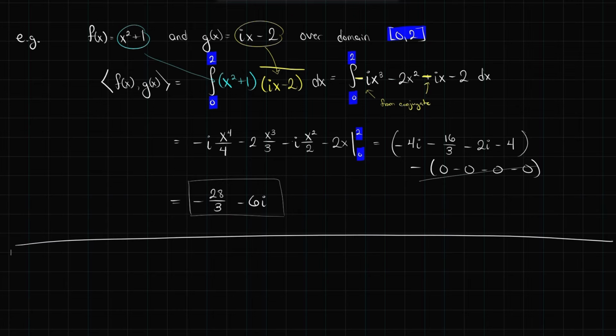Okay, so now that we've established inner products, maybe let's establish a few properties of inner products. So there's something called bilinearity, and technically these are conjugate bilinearity.